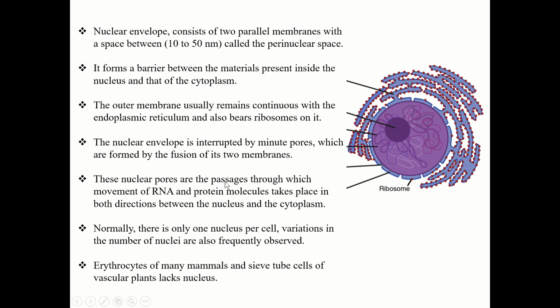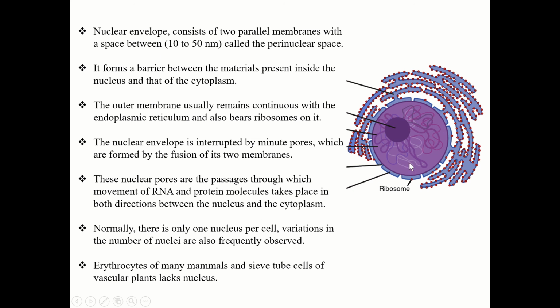These nuclear pores are the passage through which RNA and protein molecules move in both directions between the nucleus and the cytoplasm. So the protein and RNA content from the nucleus is passed into the cytoplasm by these small pores, and the cytoplasmic content is passed to the nucleus through these nuclear pores.